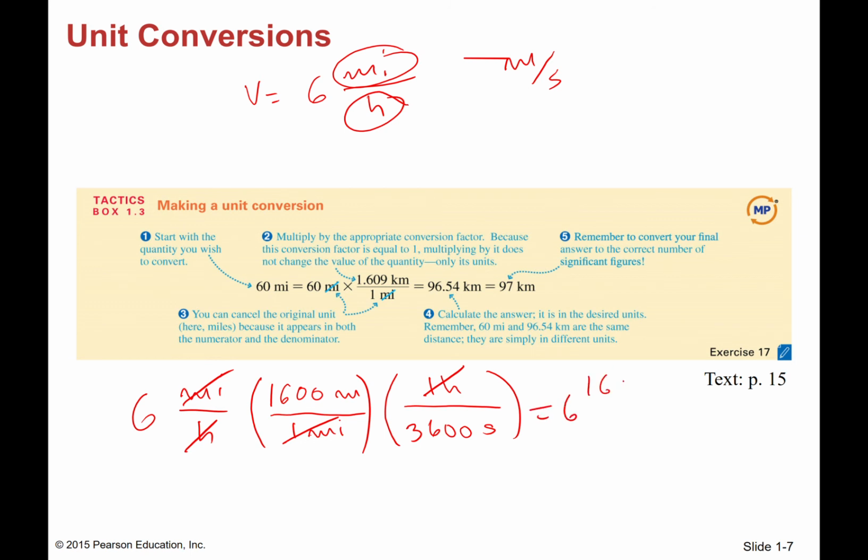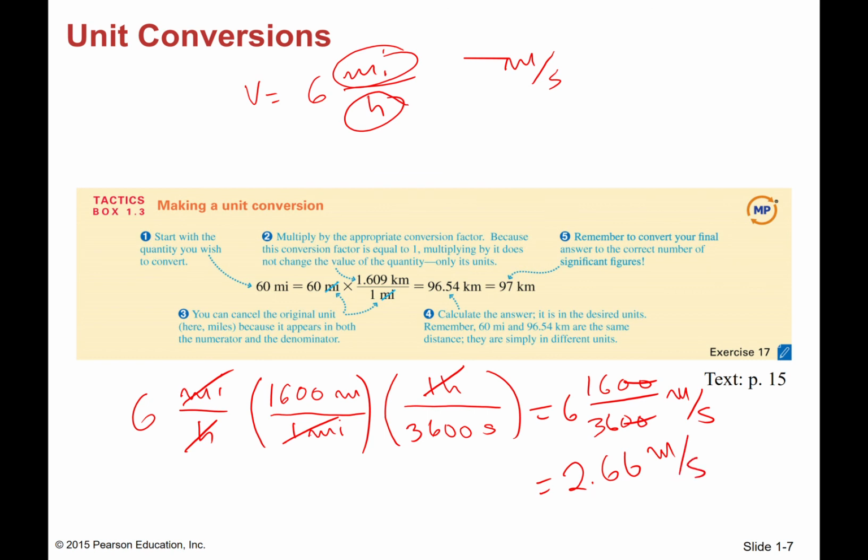And then I get that this is 6 times 1600 divided by 3600, and that is in meters per second. These two zeros cancel, and I'm going to use a calculator quickly here: 6 times 16 divided by 36, that is equal to 2.66 meters per second.